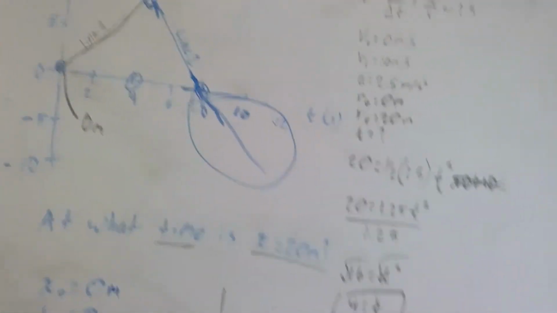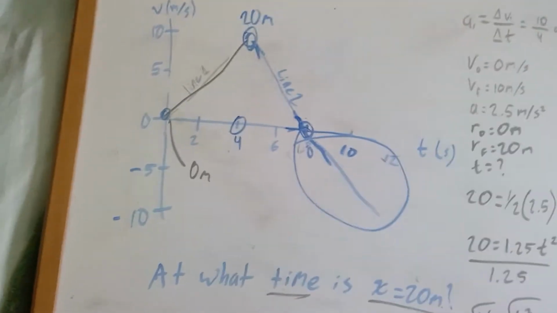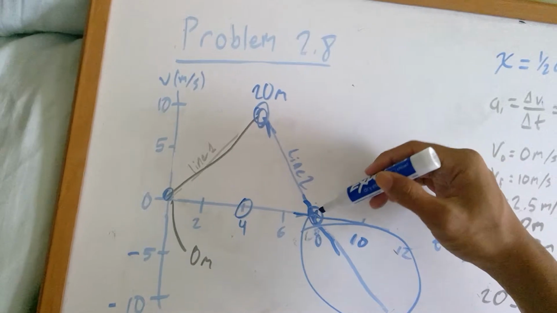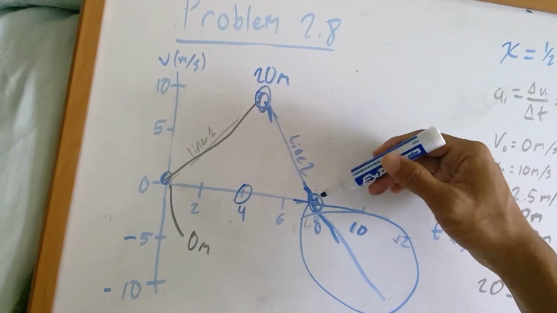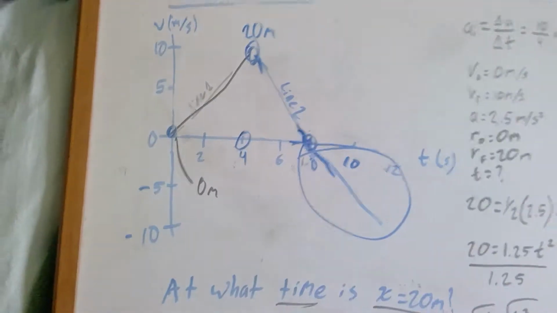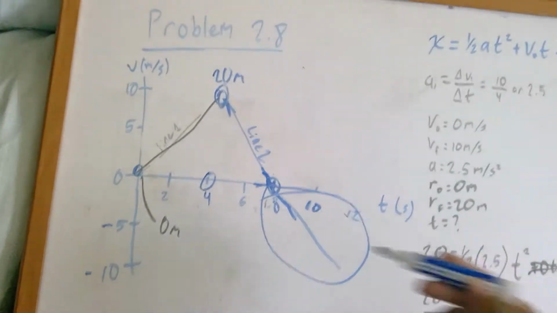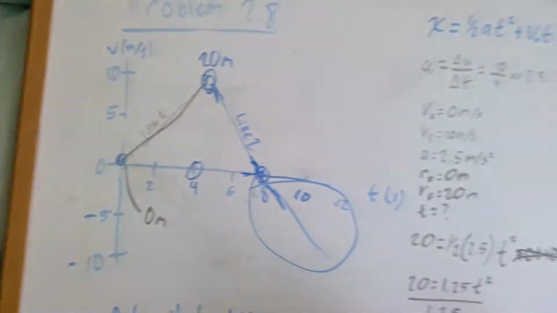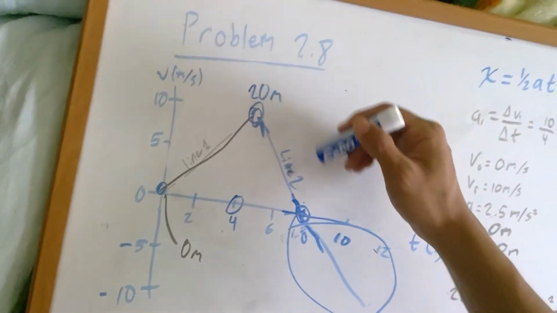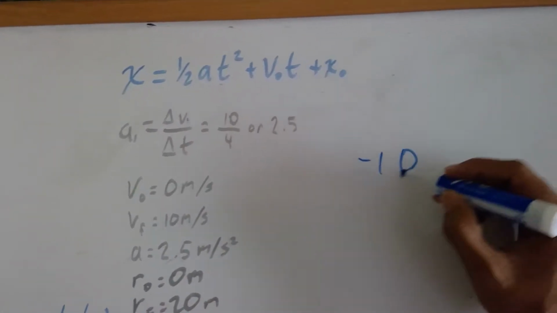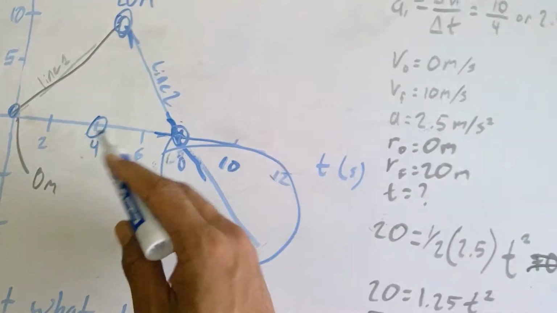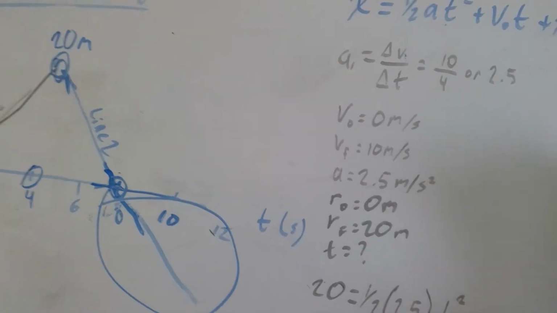So what I'm going to want to do is find the position at 8 seconds, which can be done by finding the acceleration of this line, which is from 10 meters per second to 0, that's negative 10. That's the delta v over the delta t, which is from 4 to 8 seconds, which is also 4 seconds.